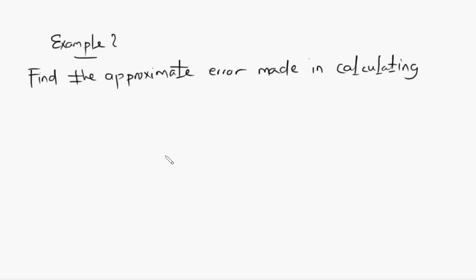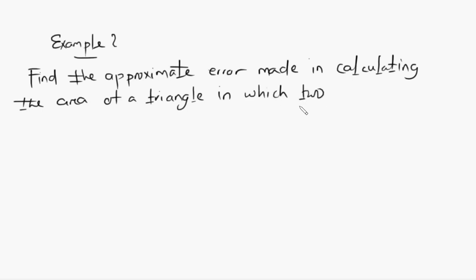So find the approximate error made in calculating the area of a triangle in which two of the sides are accurately measured.